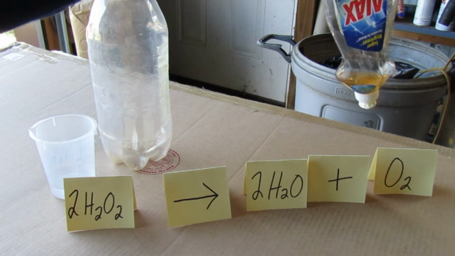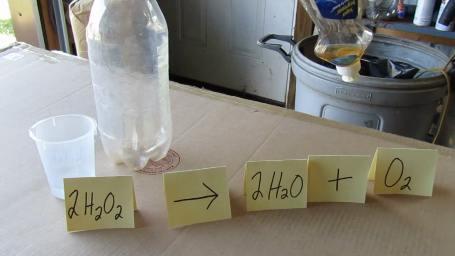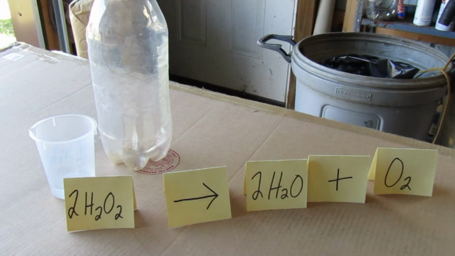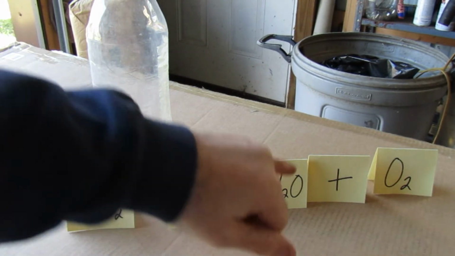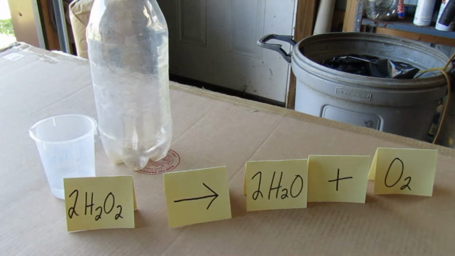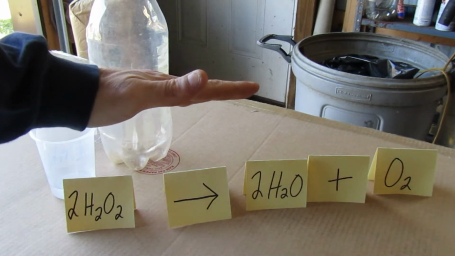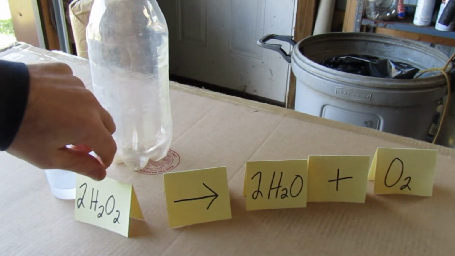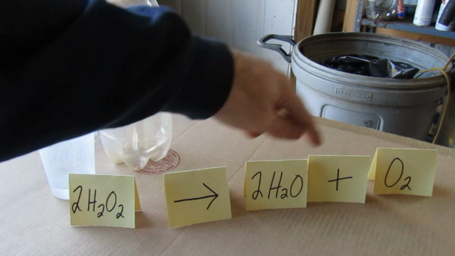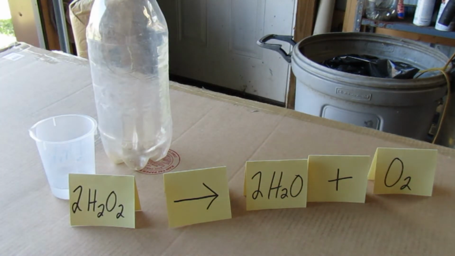So you're going to see a lot of this quote-unquote elephant toothpaste after the reaction. And then there's going to be basically water left over. So hydrogen peroxide changes into water and oxygen.